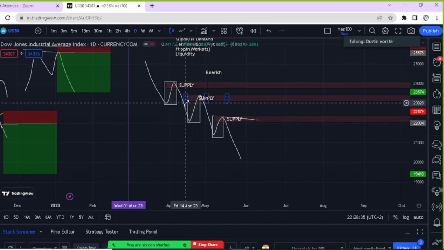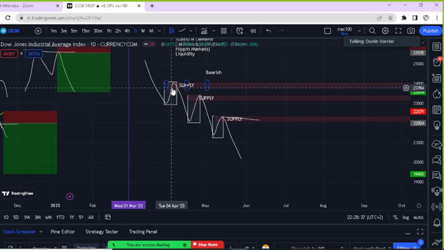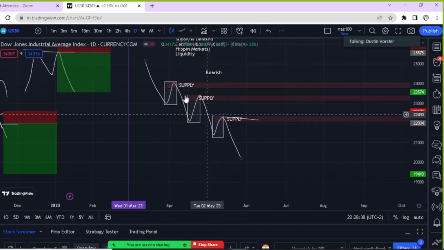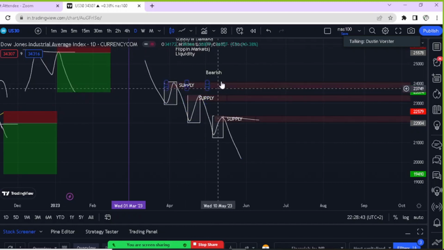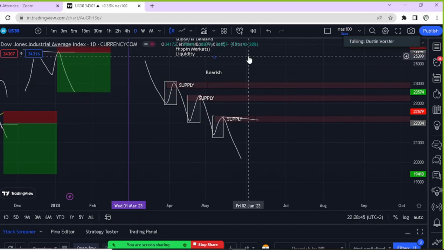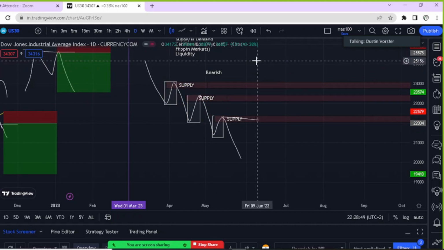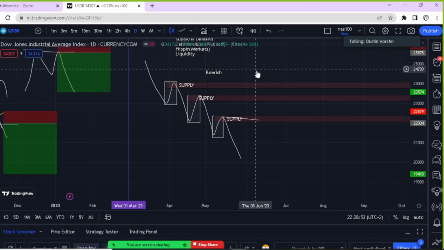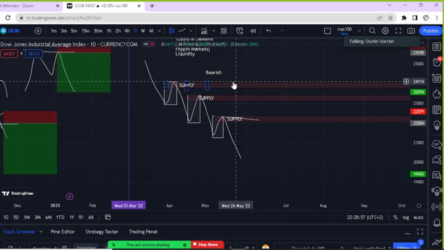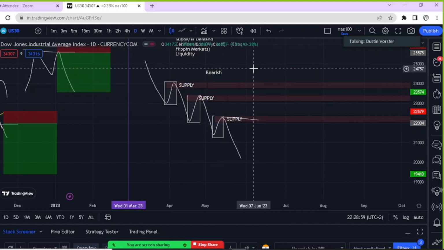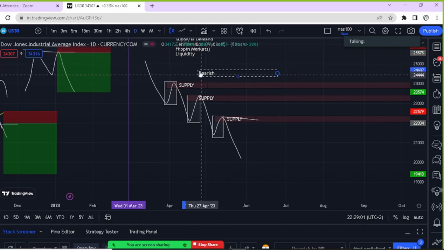A valid break of structure and change of character is one that leaves behind inefficiency in the form of imbalance, also referred to as fair value gap, FVG, and or unmitigated supply or demand, supply in the case of a bearish market structure.